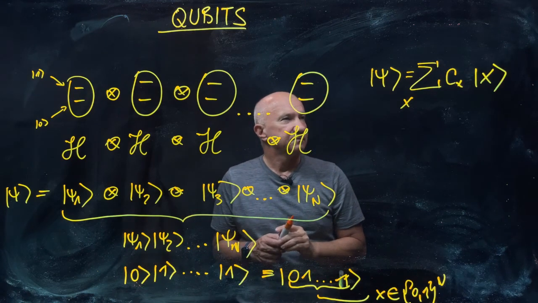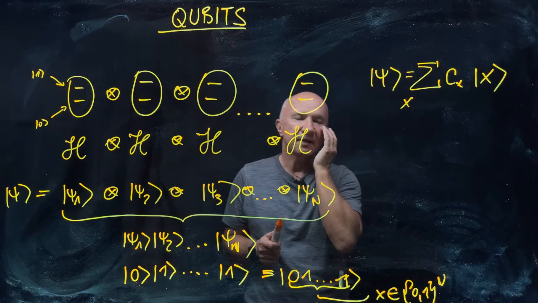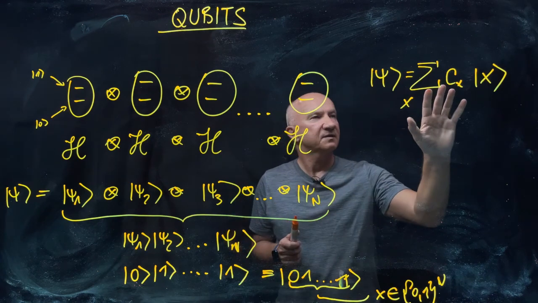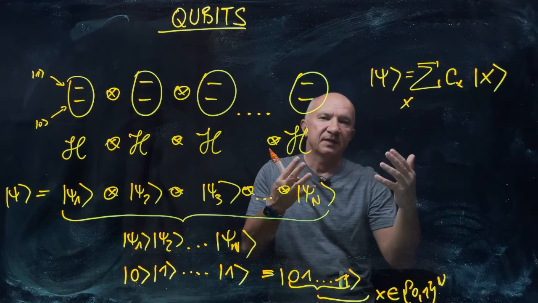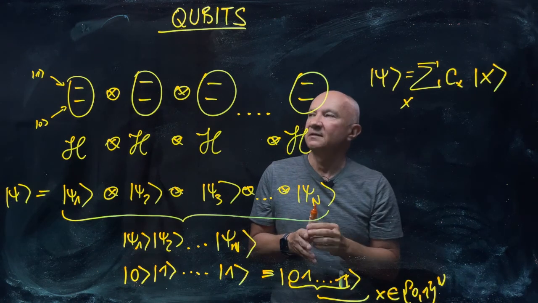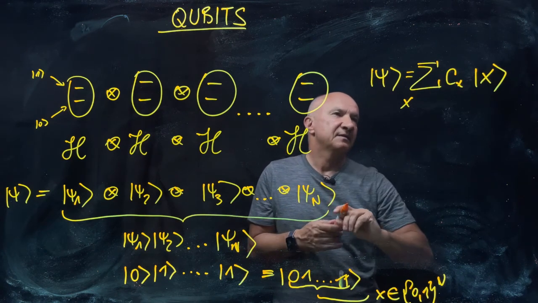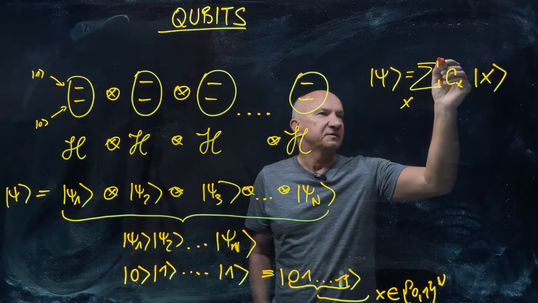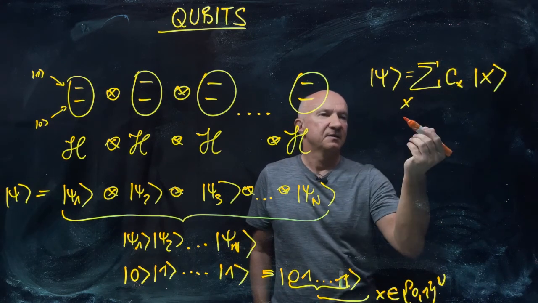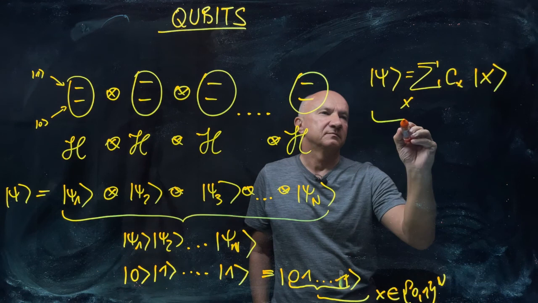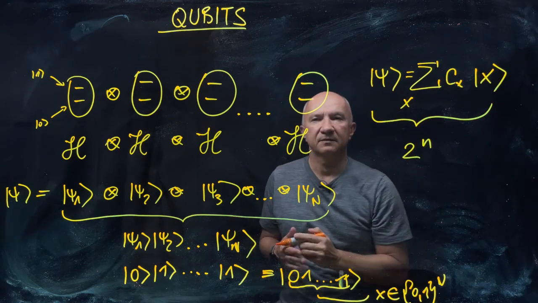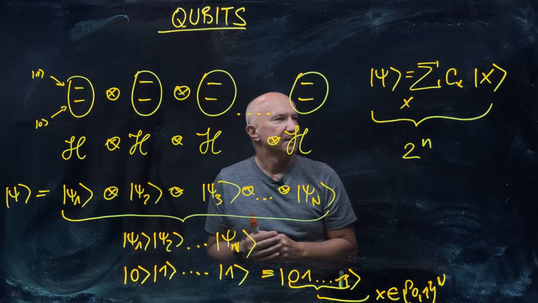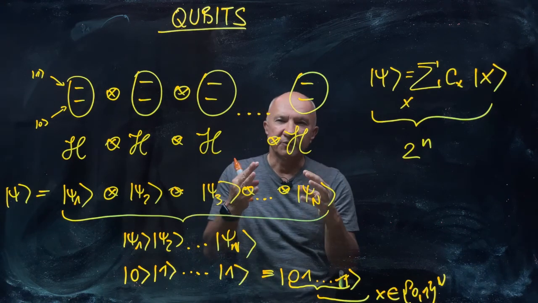Now, if you look at this expression, because we have 2 to the n of those binary strings, we have 2 to the n coefficients, c_x. So the most general state requires 2 to the n complex numbers to describe the state.